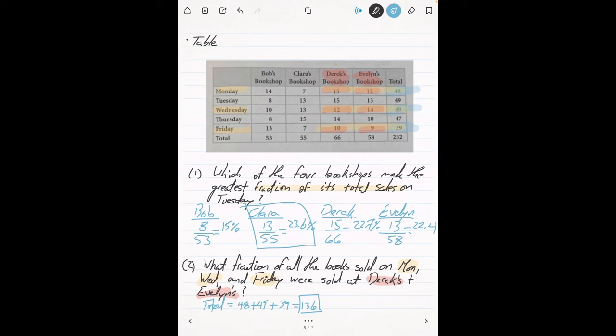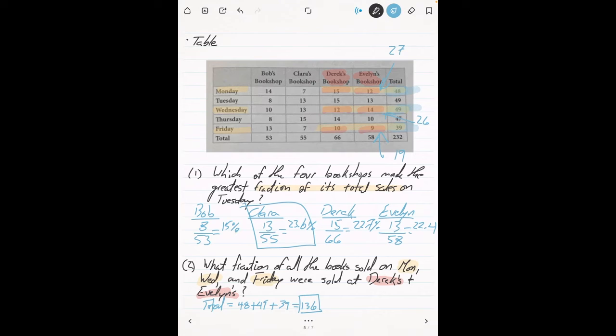We're asked to find how many of those total sales were made by Derek and Evelyn. Well, Derek and Evelyn on Monday sold 15 and 12 books, so that's a total of 27. On Wednesday, we had 12 and 14, which is 26. I know it's getting a little messy here. And on Friday, we had 10 and 9, which is 19.